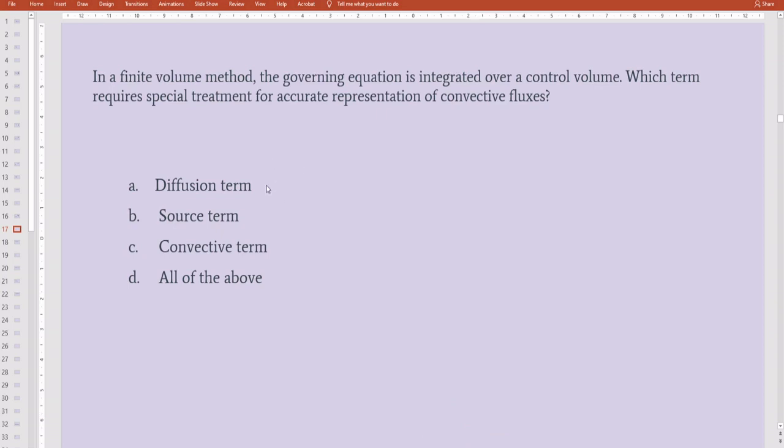From the options itself, you can see this even without knowing the subject, you can go for the convective term actually. But it is not that simple, so let us see which needs special treatment.